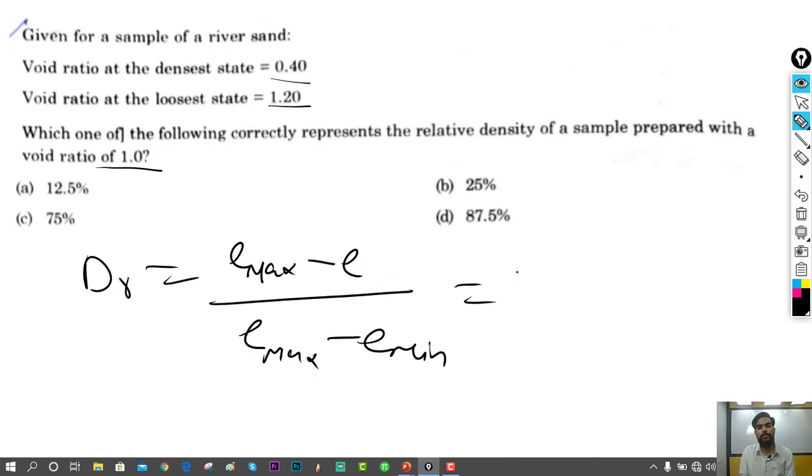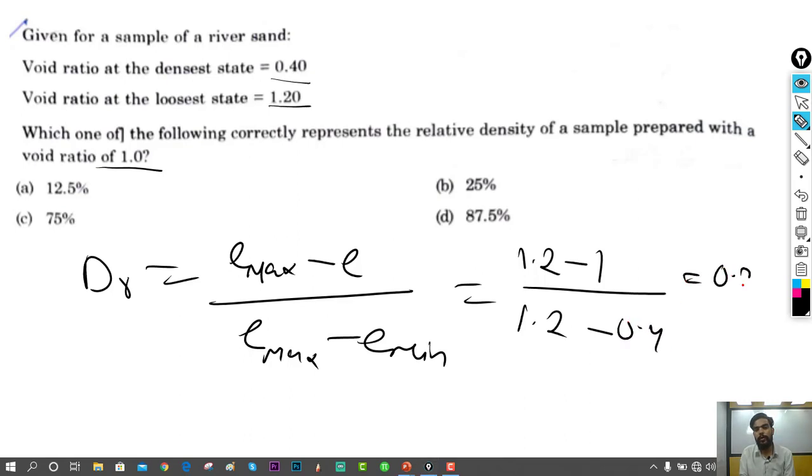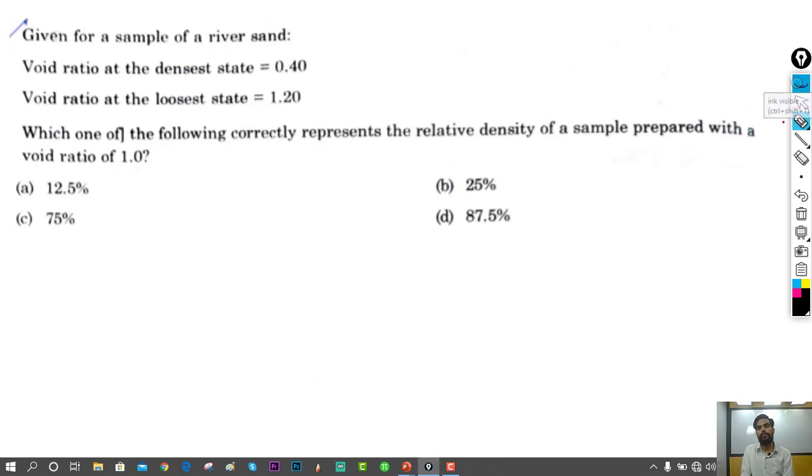So e max, the void ratio in loosest state, is 1.4, minus the void ratio in natural state 1.0, upon 1.4 minus 0.4, equals 0.4 divided by 1.0, which is 40%. So our option B is correct for this question.